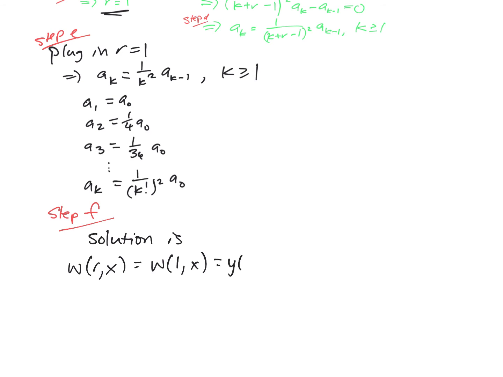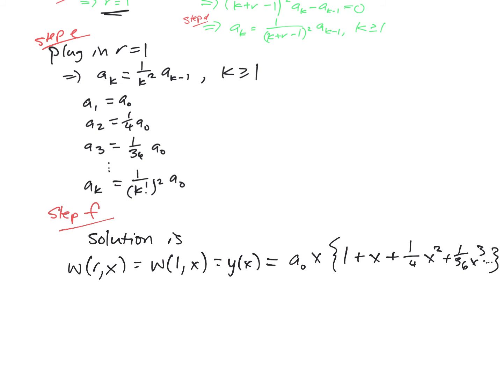And we could also write it as y of x, because that's really what we're looking for, is a_0 times x of, and then we have our whole sum of 1. So we have an a_0 and everything, so that's why we pulled it out. And then we get 1 plus x plus 1/4 x squared plus 1/36 x cubed, etc.